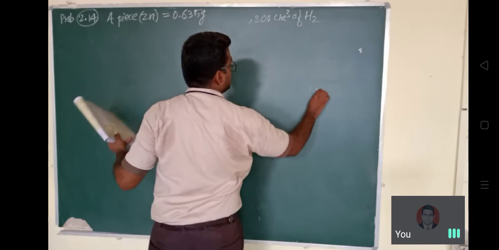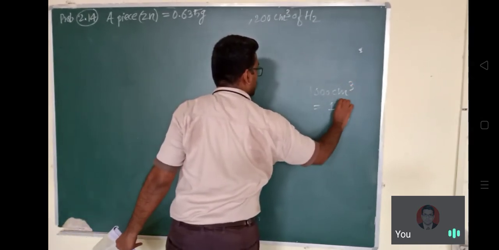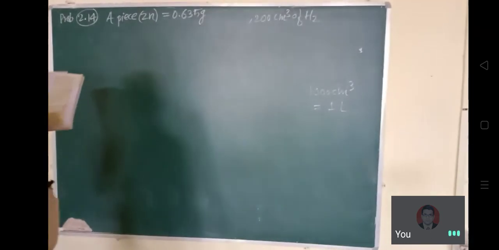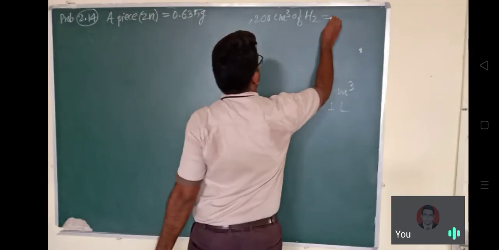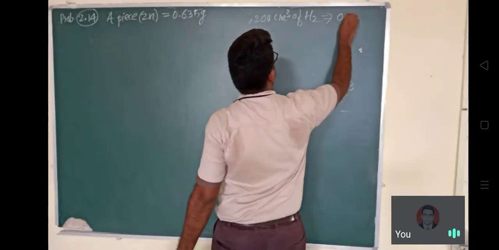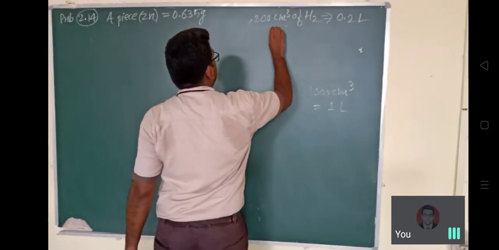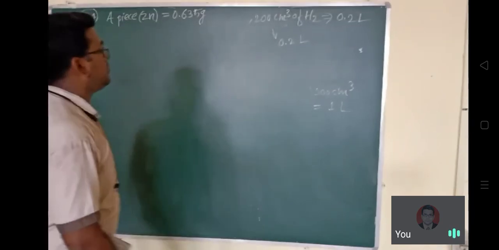We know that 1000 centimeter cube is equal to 1 liter. So how much will this be in terms of liters? This is equal to 0.2 liters. So when 200 centimeter cube is converted, it will be 0.2 liters of hydrogen.